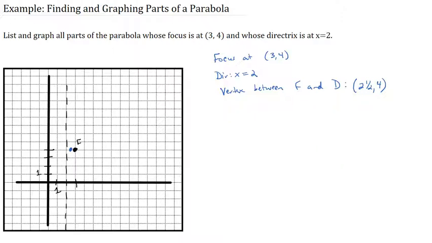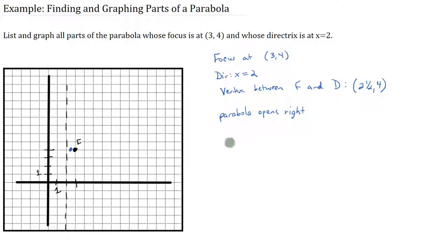Okay, and then from there I can get a couple of things. I can tell that this parabola opens to the right, because the focus is to the right of the vertex. I can also tell that p is half of a unit, because p is the distance between the vertex and the focus.